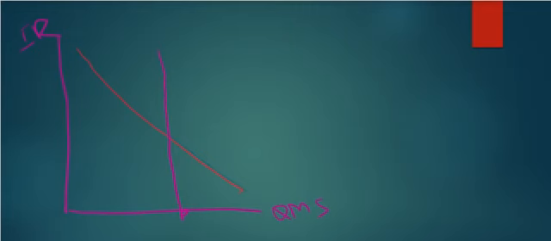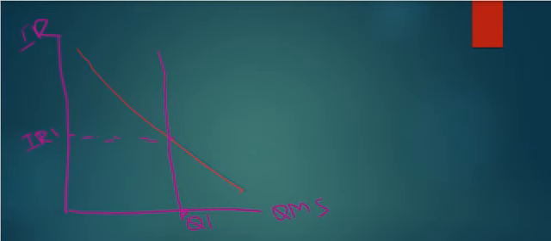Let's say this is the quantity Q1, which is money supplied by the central bank, and this is the current interest rate, let's say IR1, at this point of equilibrium.